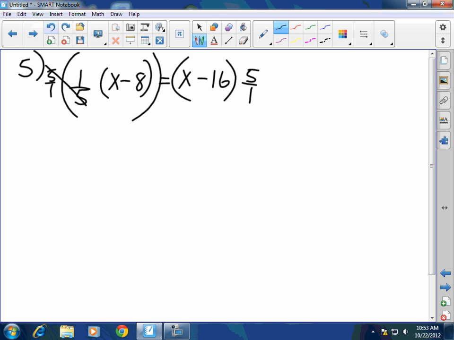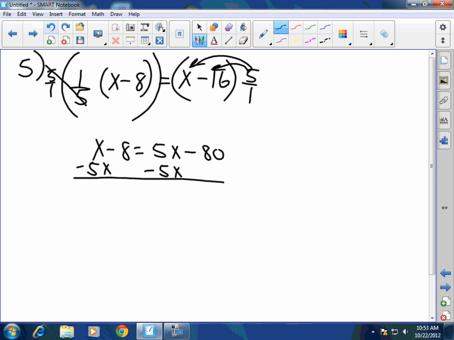5 times 1/5 cancels, so now I have 1 times x minus 8, which is x minus 8. You have to distribute this 5 to everything. So that's 5x minus 80. Correct? Subtract 5x to both sides to combine the variables.